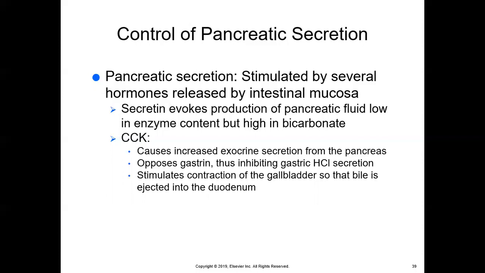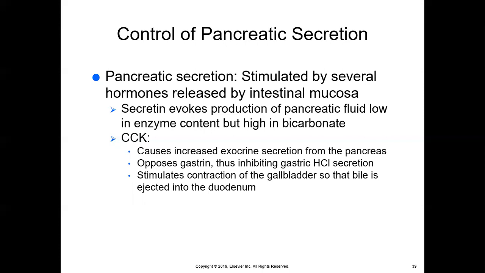So the exocrine secretion, when you see exocrine secretion, you immediately think of what? What is exocrine? Right. It means that it has a duct. So exocrine secretion from the pancreas means that it's secretions that are going to go directly from the pancreas, go through a duct, and empty into the duodenum.